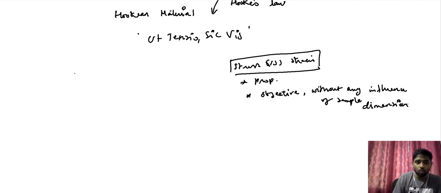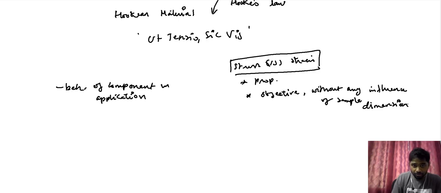But when you want to include the influence of the dimension, when you want to study the behavior of a component that is employed in a technological application, then we would often go for load versus elongation plots.